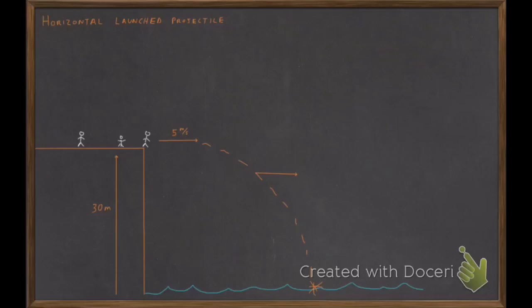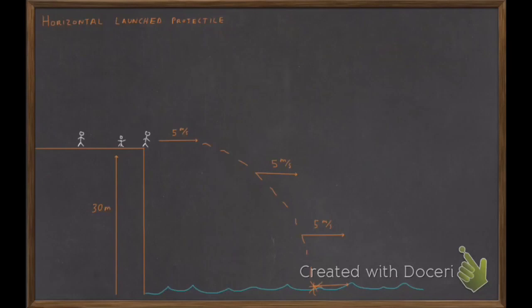So as he's falling, he's going to have a constant horizontal component of 5 meters per second. It's going to be the same size line from the moment he runs off the cliff to the moment he lands in the water. So this is 5 meters per second, and this is 5 meters per second.